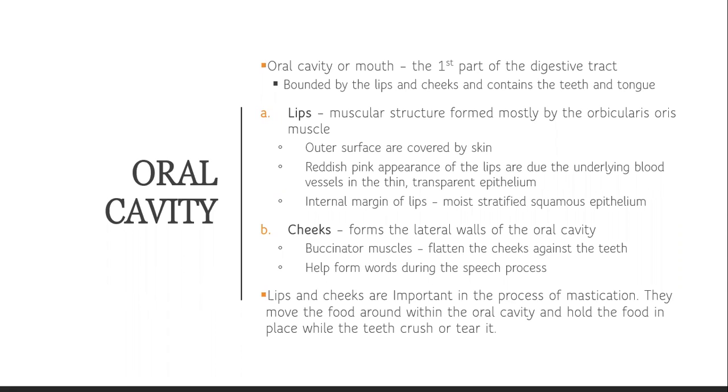Its outer surface is covered by skin, and it has a reddish pink appearance due to underlying blood vessels in the thin, transparent epithelium, while the internal margin of the lips is moist, stratified squamous epithelium. Our cheeks form the lateral walls of our oral cavity. They have a buccinator muscle which flattens the cheeks against the teeth and helps form words during the speech process.